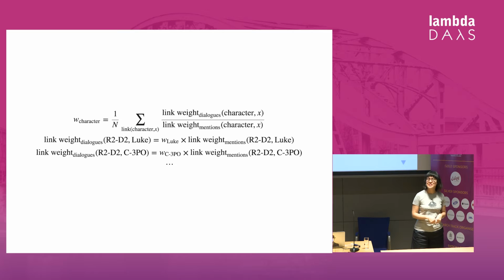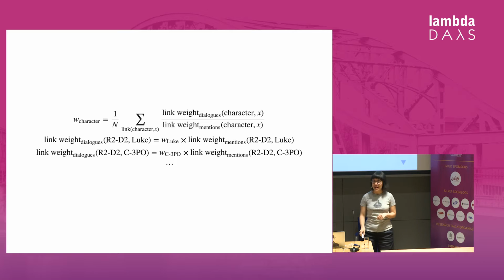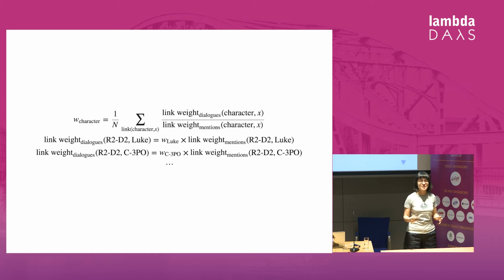So this led me to a very complex mathematics. So don't be scared, this is just an equation. Well, what I actually decided to do was to estimate, for these characters that don't speak, how many times they would probably speak if they spoke. Which means I looked at the number of times each character is mentioned in the script, and how many times each character actually speaks.